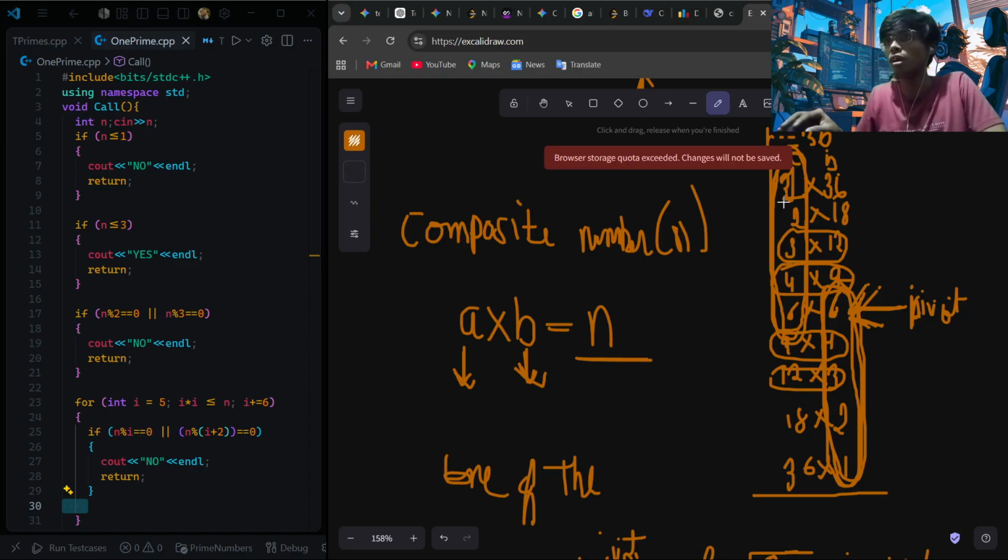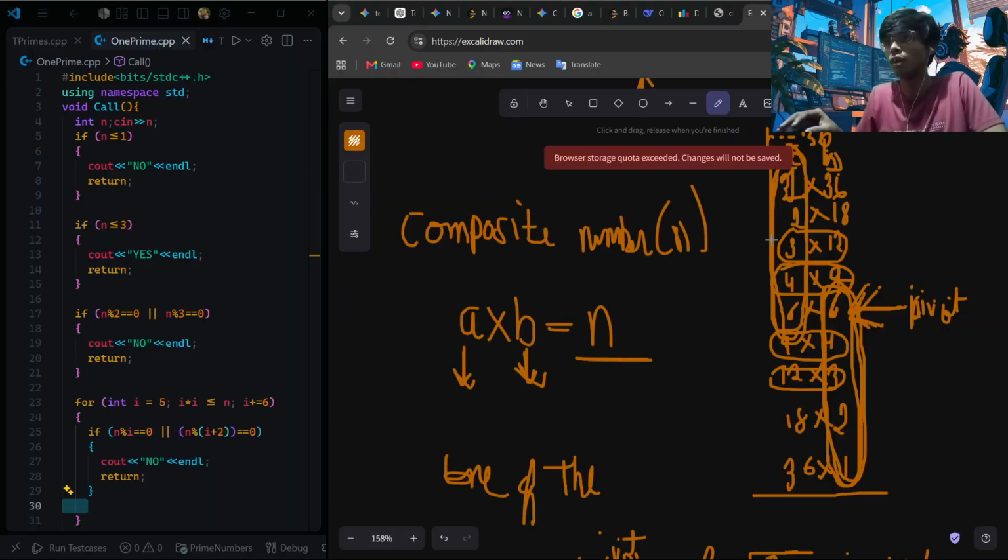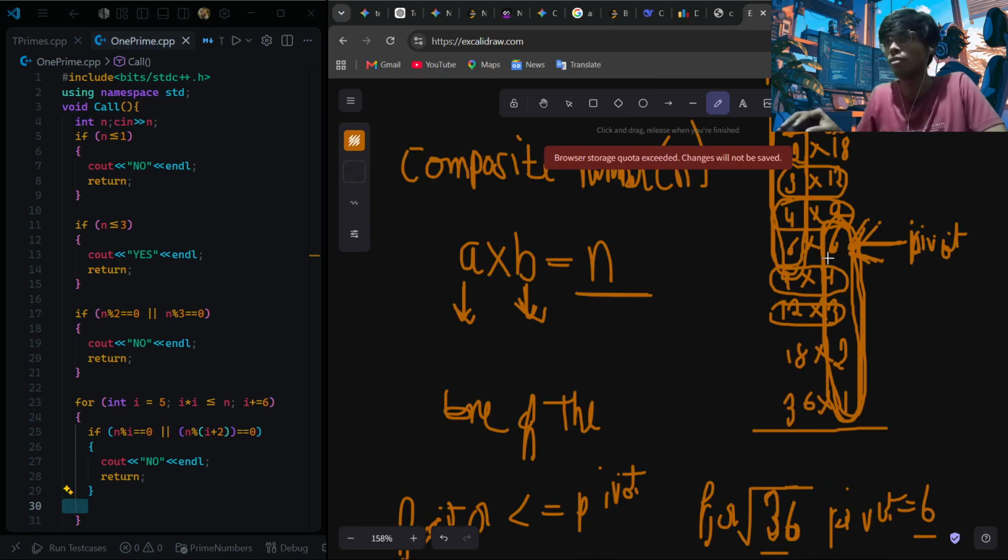If we look carefully, these are A and B, and these are factors. Here we have 1, 2, 3, 4, 6, and after that 6, 4, 3, 2, 1.